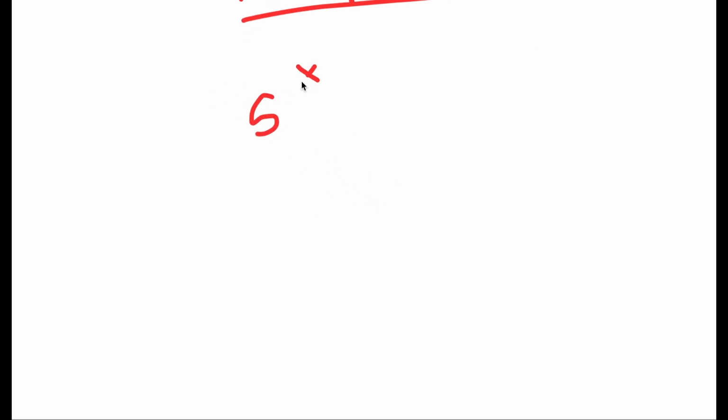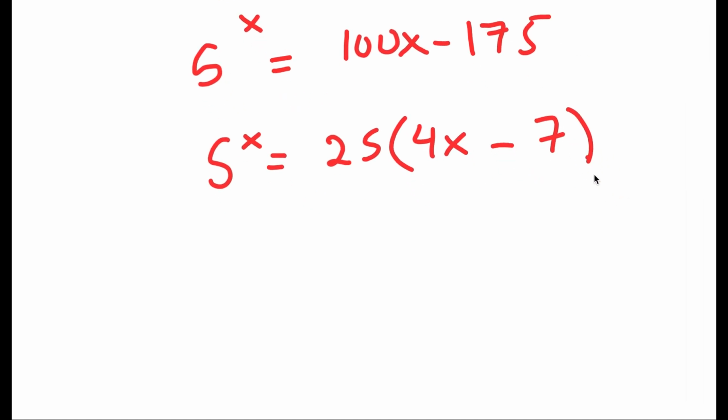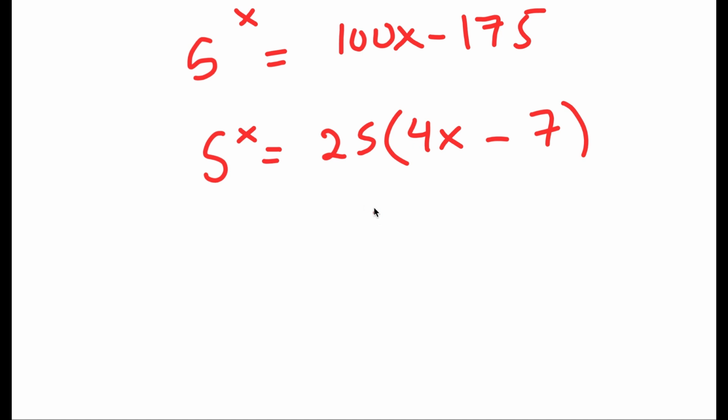So going back, phi to the power of x is equal to 100x minus 175. I'm going to factor out 25 from this like last time. So I have 25 times 4x minus 7. I can rewrite 25 as 5 squared.